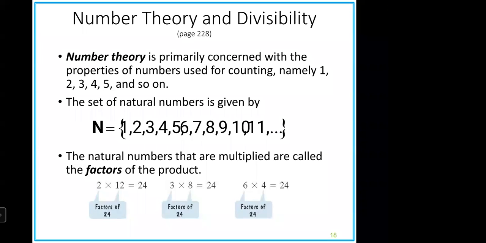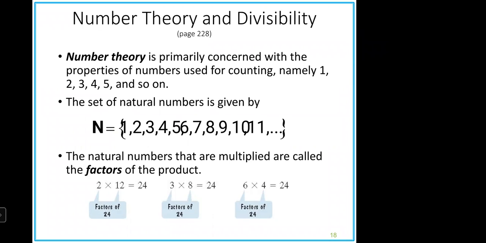And the counting numbers are the same as the set of natural numbers. Natural numbers are numbers, oh, the diagram didn't come out too right here. The commas got misplaced, but you should be able to see numbers starting from 1, 2, 3, 4, 5, 6, 7, 8, 9, 10, 11, and so on.